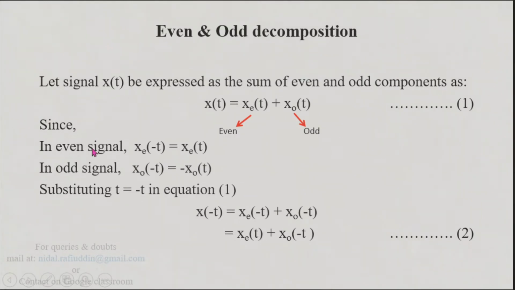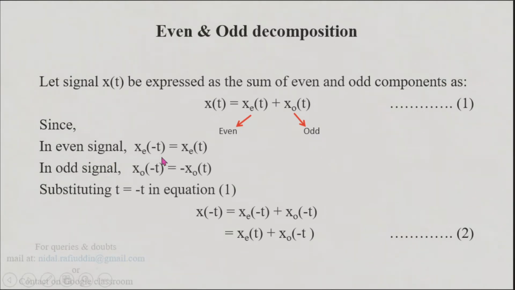Now the property for an even signal is that if you substitute the time by a negative time, xe(-t) will be xe(t), while in case of an odd signal, the property that holds is xo(-t) is minus xo(t). So this is the property of an odd signal. Now if we substitute t equal to -t in equation 1, replacing this t by -t, what we get is xe(-t) plus xo(-t).